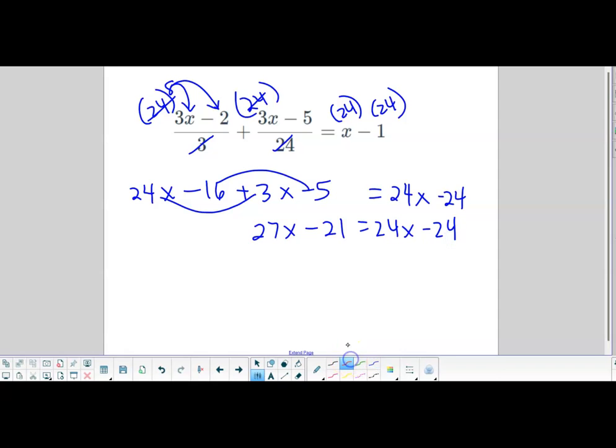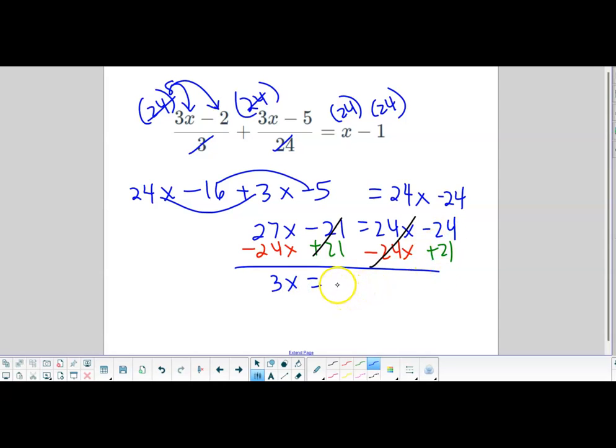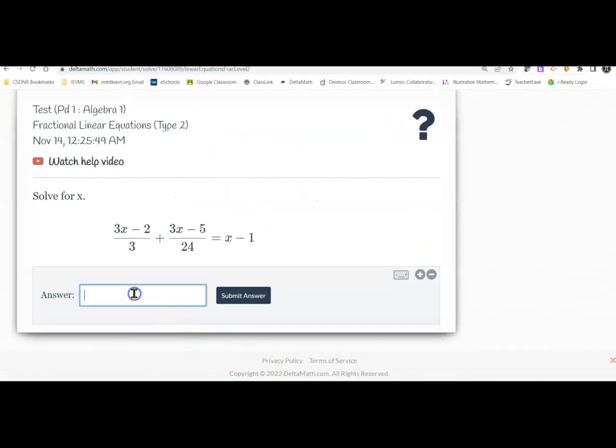I'm going to do two steps at once here. I'm going to subtract 24x from each side, and I'm going to add 21 on each side, and that does give me that nice double cross off. So let's see, 3x equals -3. So x is equal to -1.